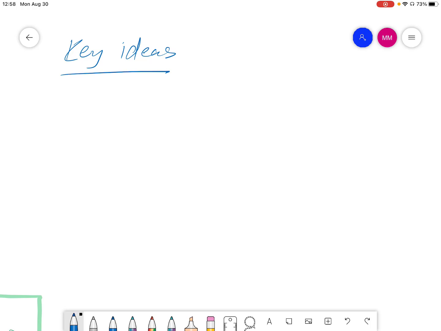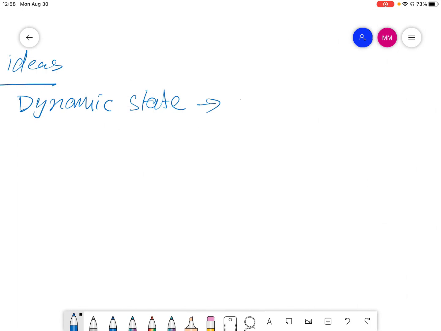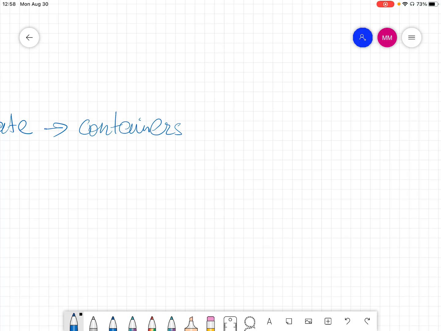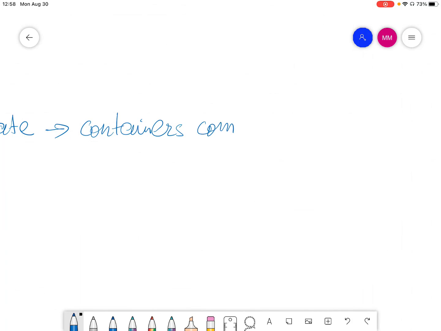The first thing we said is that the state of a Kubernetes cluster is very dynamic, right? And what this means is that containers come and go all the time, okay? All the time.